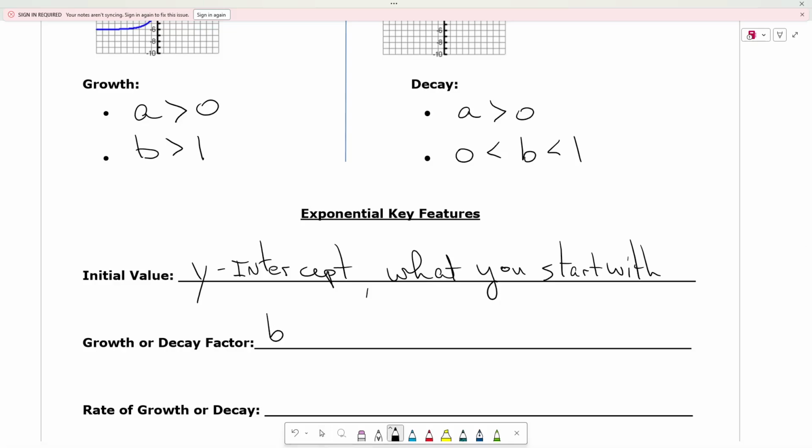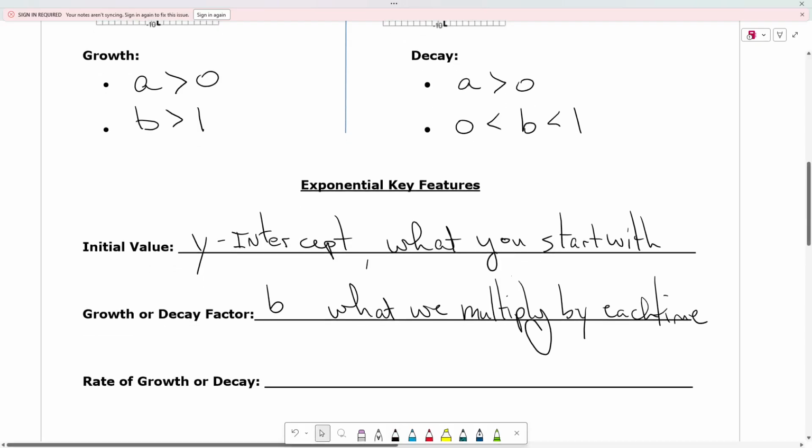That's what we multiply by each time. Each time we do something, that's what we multiply it by.